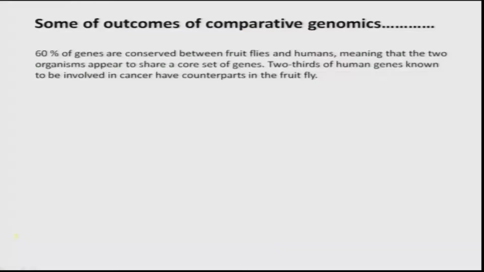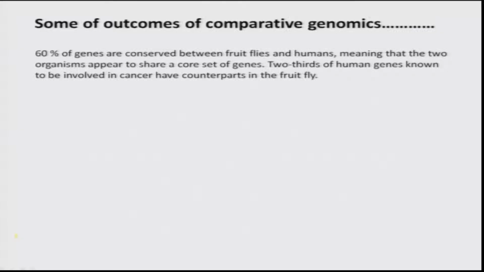We'll go into more detail on some other aspects, that is some outcomes of comparative genomics. I am going to give some 5-6 examples before we get into the way we study comparative genomics. So what we say is 60% of the genes are conserved between drosophila and humans. This essentially means that the two organisms appear to share a core set of genes.